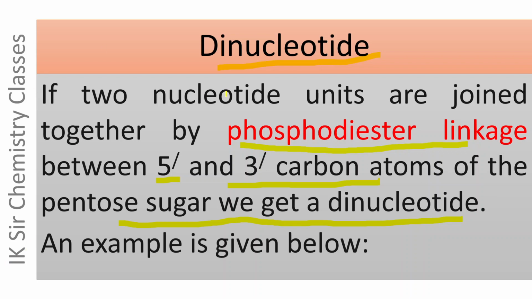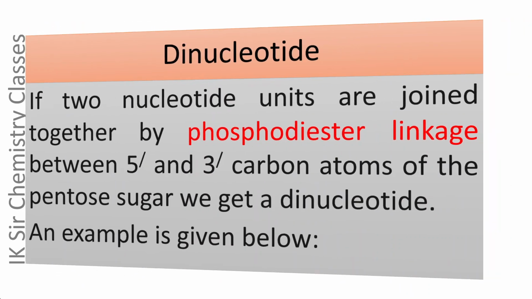If two nucleotide units are joined together by phosphodiester linkage, this phosphodiester linkage is formed between 5' and 3' carbon atoms of pentose sugar, and thus we get a dinucleotide. An example of dinucleotide is given below.